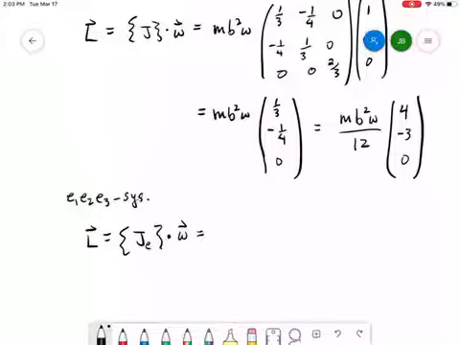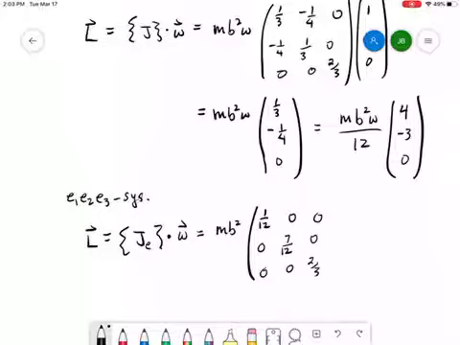So our diagonal inertia tensor was m b squared, and then we had 1 over 12, 0, 0, 0, 7 over 12, 0, 0, 0, 2/3.